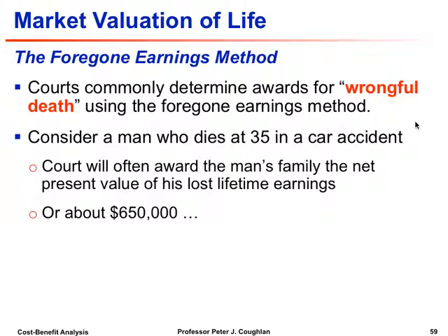When you file wrongful death suits, after they figure out liability, they ask what the damages are, and they value the death at the foregone earnings. For example, for a man who dies at 35 in a car accident, they often will award the man's family the net present value of his lost lifetime earnings, and it comes out to about $650,000. So that man's life was worth $650,000 according to this approach.